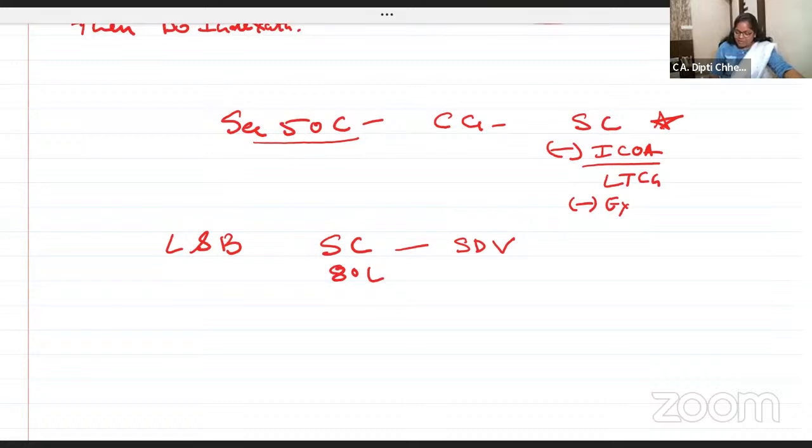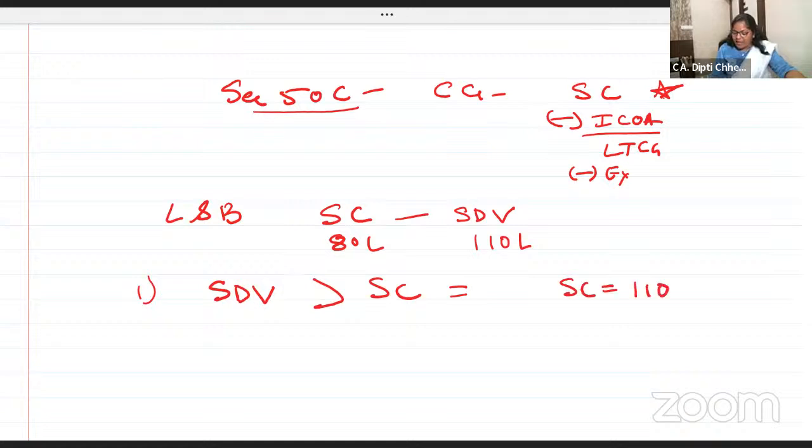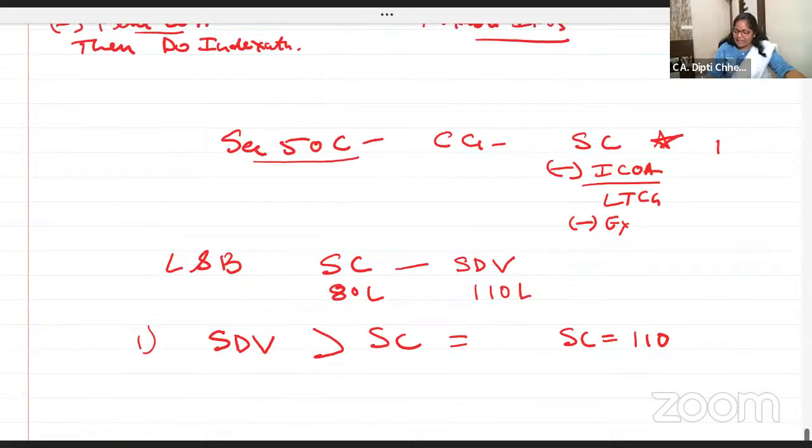The first concept: if the stamp duty value exceeds the sale consideration, then 110 lakhs is what you will take for the capital gain calculation.